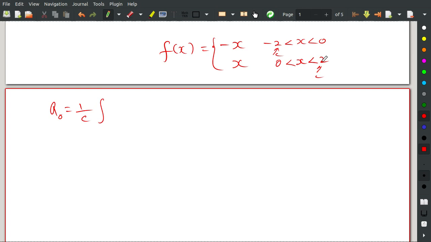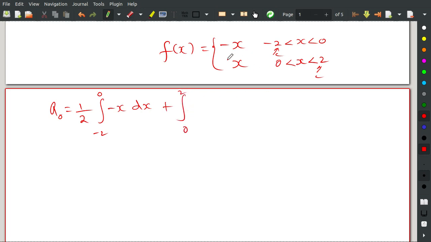So the first integral runs from minus 2 to 0, and in that case f of x is minus x dx, plus, so this 1 by c, instead of c let me put 2 here, and plus integral from 0 to 2.